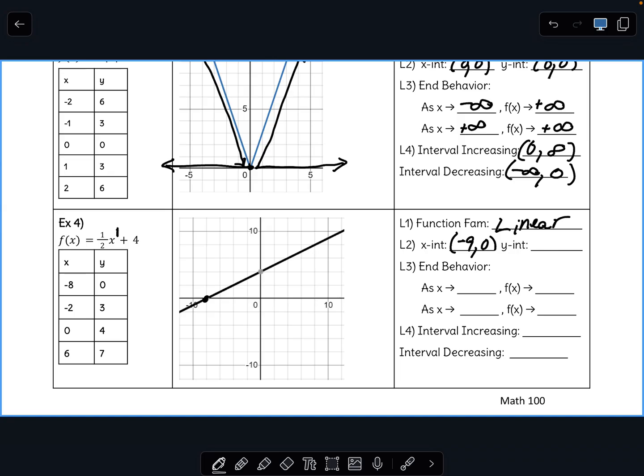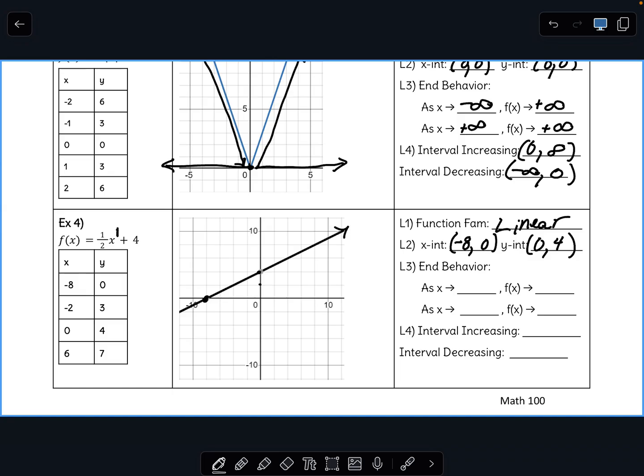Actually, 2, 4, 6. Oh, actually, it's negative 8. Sorry, these are in twos. 2, 4, 6, 8. Negative 8. And here, 2, 4, 6, 8, 10. Okay, so then our y-intercept would be (0, 4).